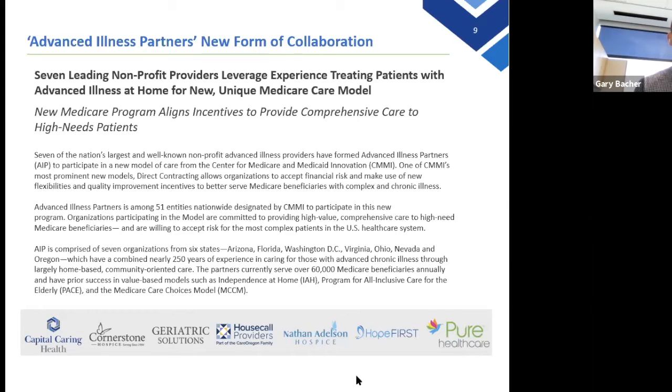And the interest among AIP partners in participating in this model is really to be able to do that on a sustainable basis, and so to be able to provide the continuum of care for people with advanced illness in a seamless way, which is not easily done under the current fee-for-service system, which I'm sure we'll talk a little bit about. So that's the main interest in Advanced Illness Partners and the interest in direct contracting. Again, pleasure to be with you today.